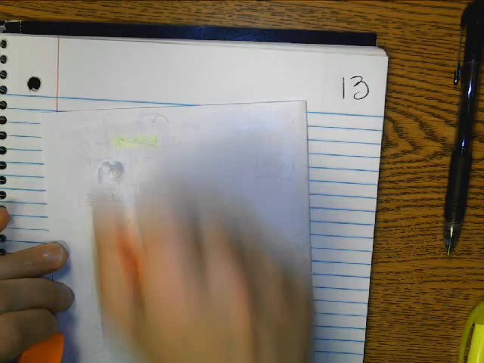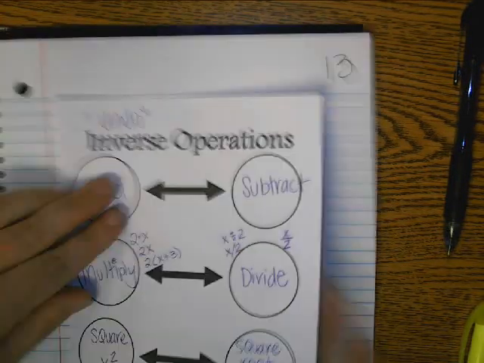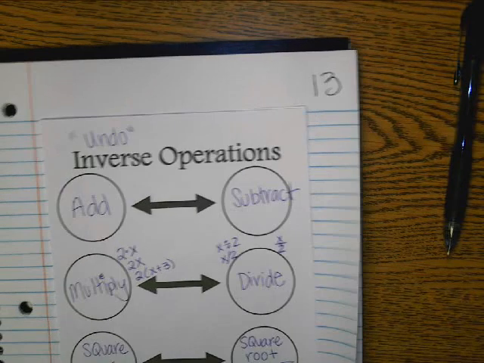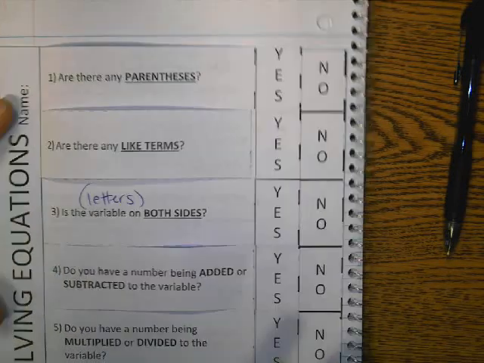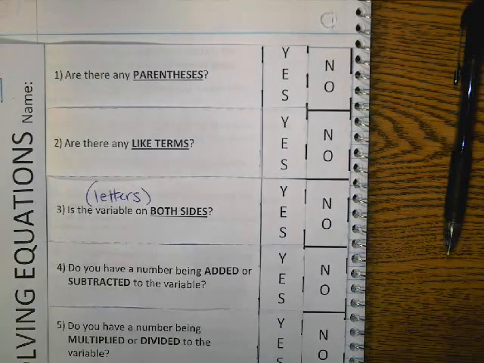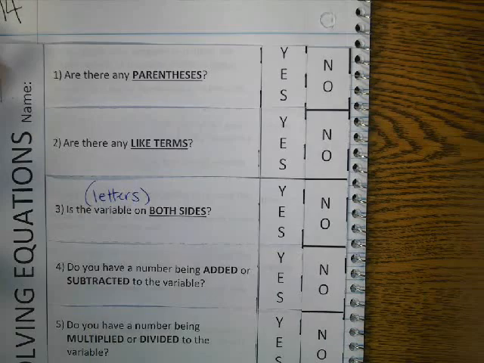They all go on the same page in your spiral. Okay. And then on page 14 of your spiral, you'll glue the solving equations flowchart. That'll be on page 14.